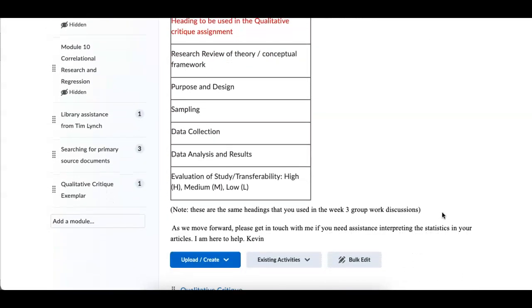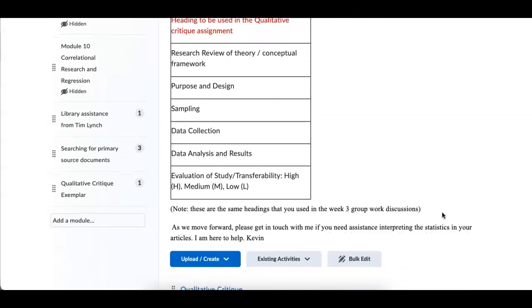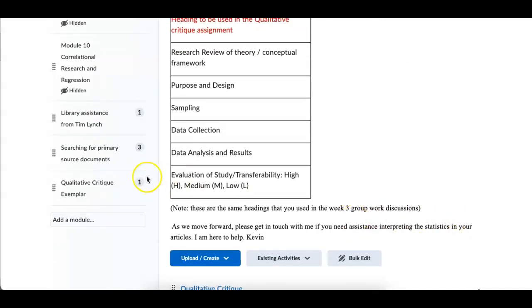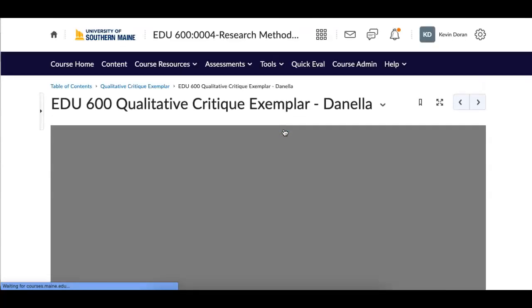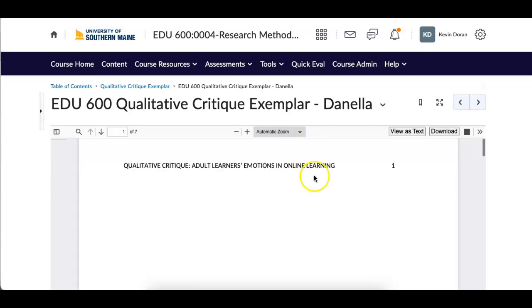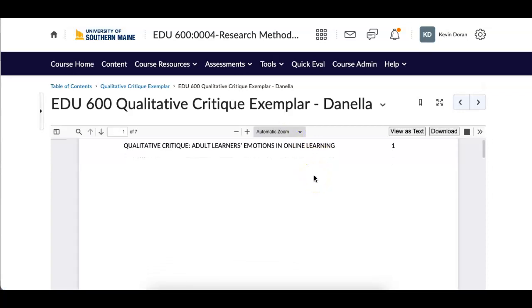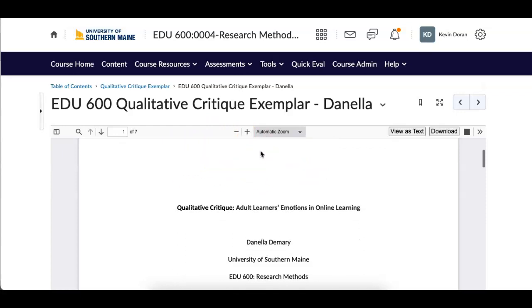With that said, oh, I have one in here. Excuse me, I didn't think I had one. I'm going to go to the critique. So here's an exemplar. This is Danella. She was a previous student, and she gave me permission to post it. She wrote it on Adult Learners' Emotion in Online Learning.